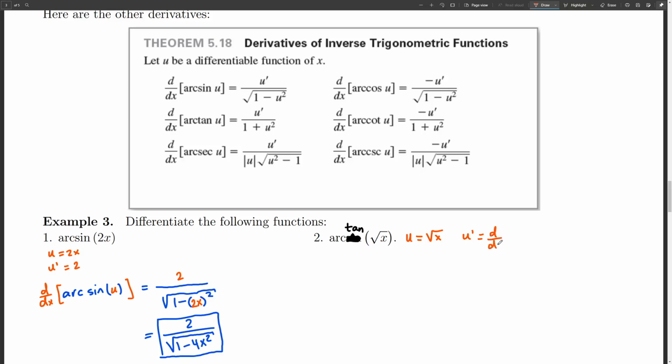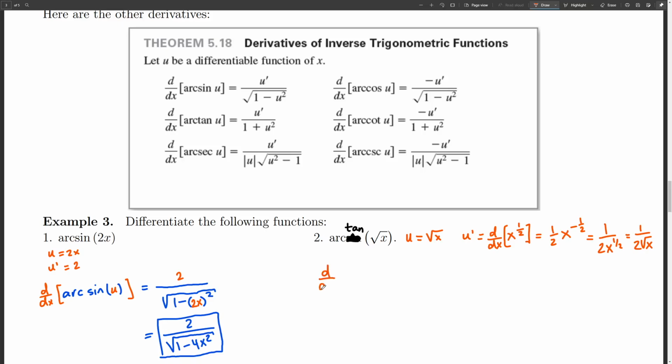That's d/dx of x to the power 1/2, right? I can write the square root as x to the power 1/2. So now I can use the power rule. That's 1/2 times x to the power negative 1/2, which is 1 over 2 times x to the power 1/2, which is 1 over 2 times square root of x.